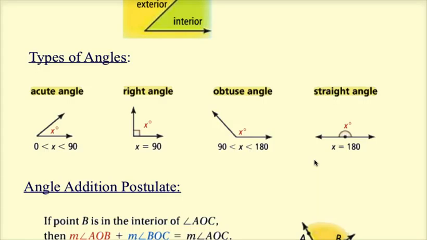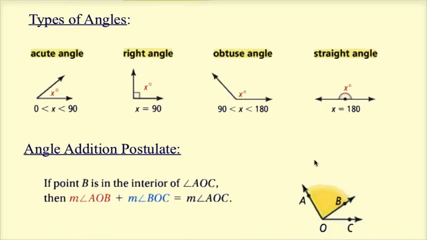Now, just like with segments, I can also add angles. The angle addition postulate. If B is in the interior of angle AOC, so follow the order of the letters, then we know which angle we're talking about. Angle AOC, so this big obtuse angle right here, angle AOC.